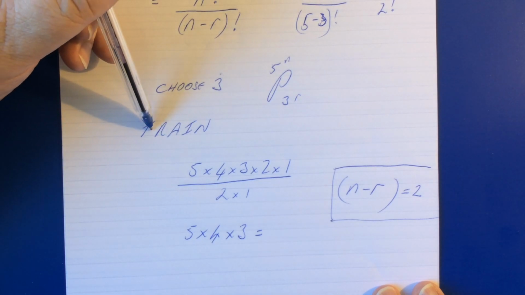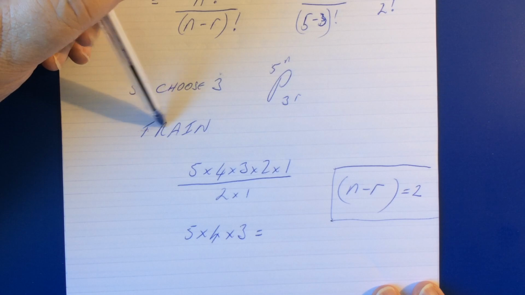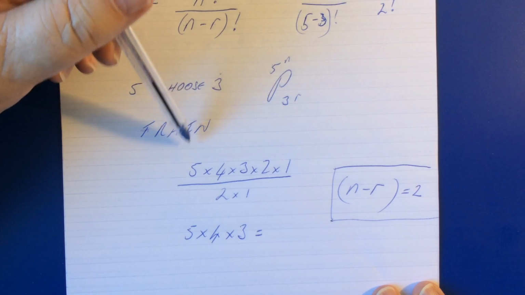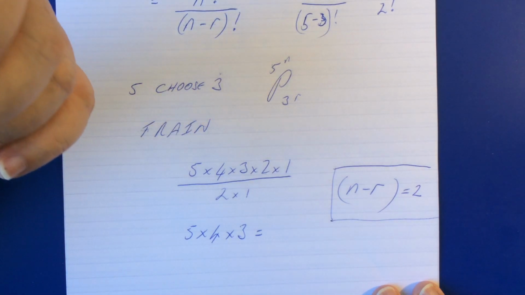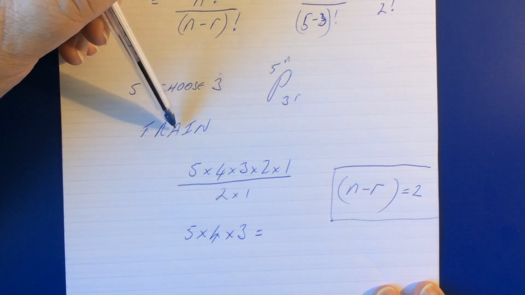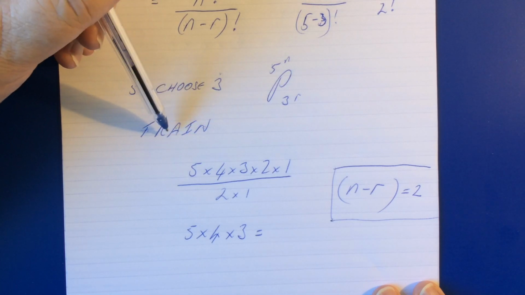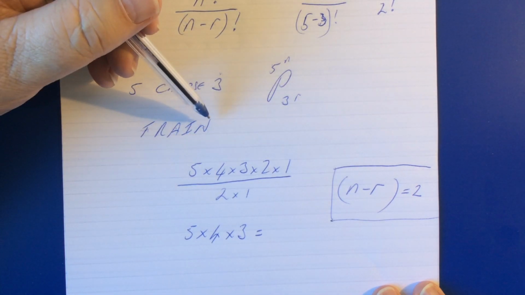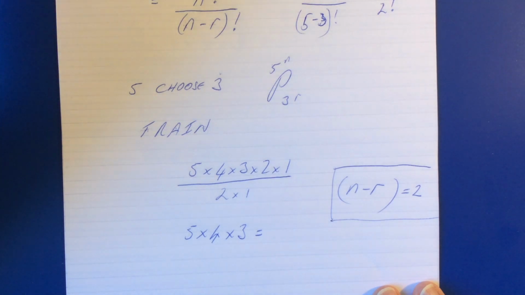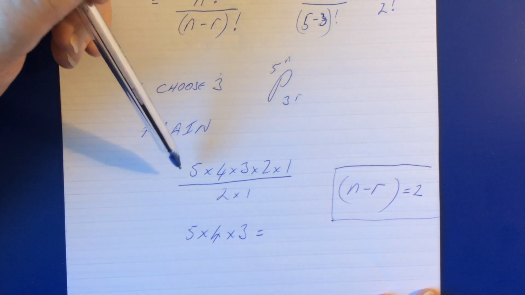And we're choosing 3 letters from a selection of 5 letters, and order is important. So AIN is not the same as NIA. That's something that I'm sorry, I just keep hammering, but you'll see why when you advance a little further in this subject.